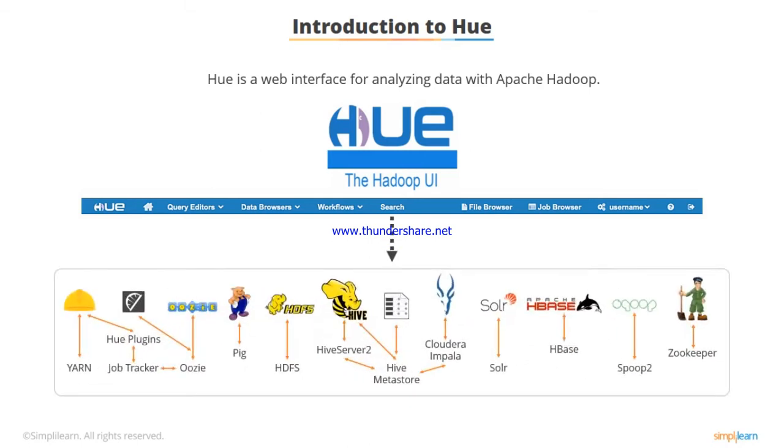Hue can be set up and integrated with any Hadoop distribution and can be installed on any node of the cluster. It provides a suite of applications that allow interaction with Hadoop and underlying components with ease. The web interface allows users to work with Hadoop, operate and develop applications, and does not mandate knowledge of underlying file system and related utilities or commands.